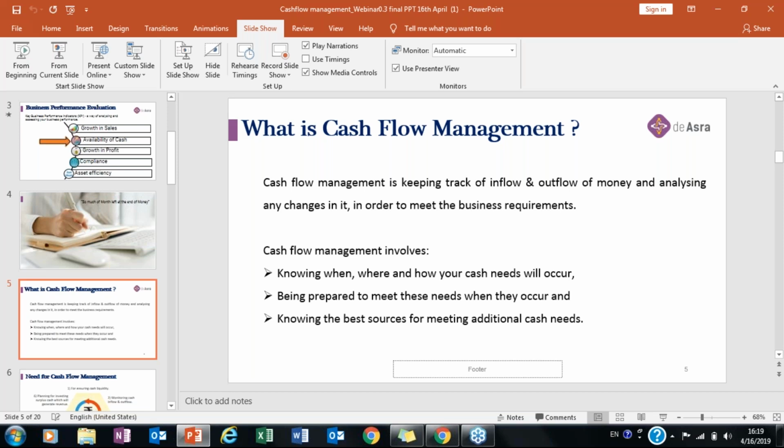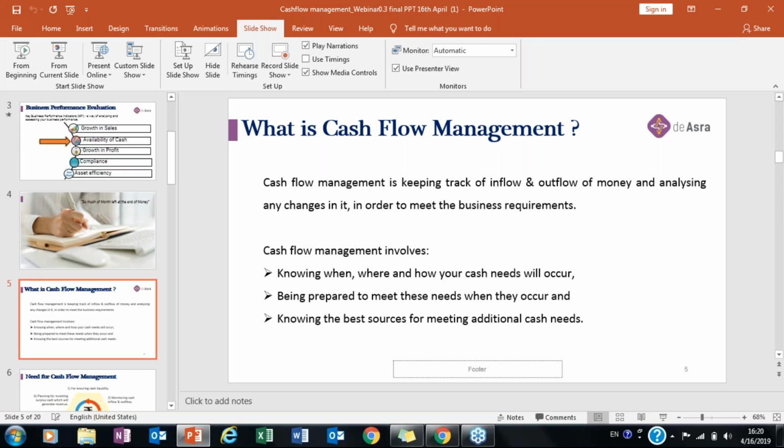Being prepared to meet these needs when they occur means that you need to have enough money when and where required, if there are any changes or if anything happens. I would like to give you an example. A few months back, when plastic was banned in Maharashtra, we came across a lot of entrepreneurs who wanted to start a paper bag manufacturing business or a non-woven bags manufacturing business. Overnight, the trend changed and people's requirements changed drastically.